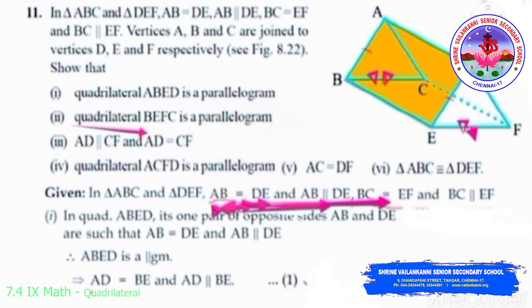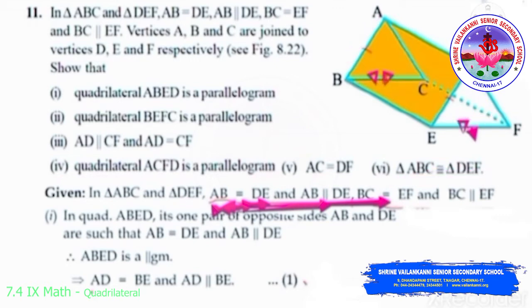Second, quadrilateral BCFE is a parallelogram. Third, we need to prove AD is parallel to CF and AD is equal to CF. Fourth, we need to prove ADFC is a parallelogram. Fifth, AC is equal to DF. Sixth, triangle ABC is congruent to triangle DEF.